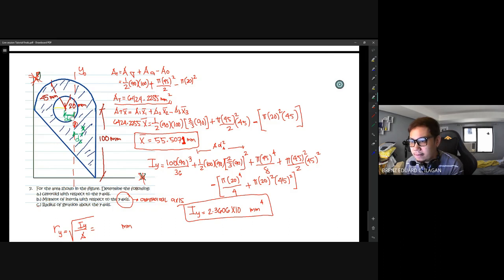So, knowing again na ito is yung x bar natin, which is 55.5071. And eto, coming from this point. So, ang distance na yan is just equals lang sa 2/3 ng triangle base na 90. Okay, so ang gagawin mo dito, 2/3 of 90 minus 55.5071. Kuha mo yung distance na yun.